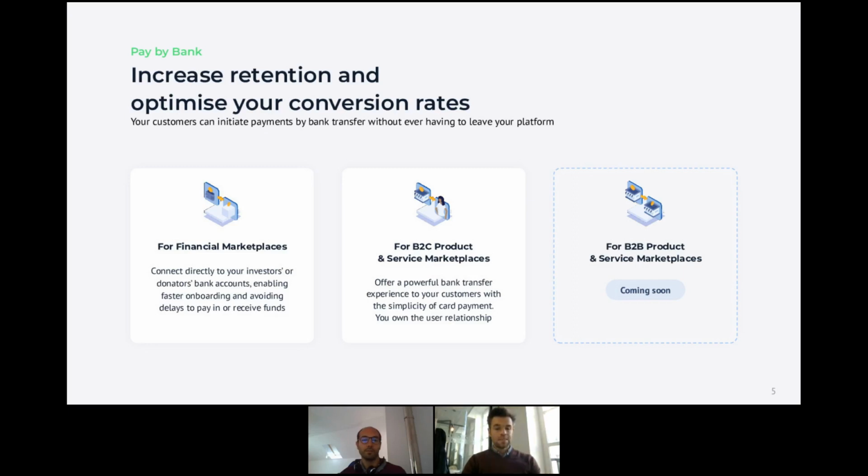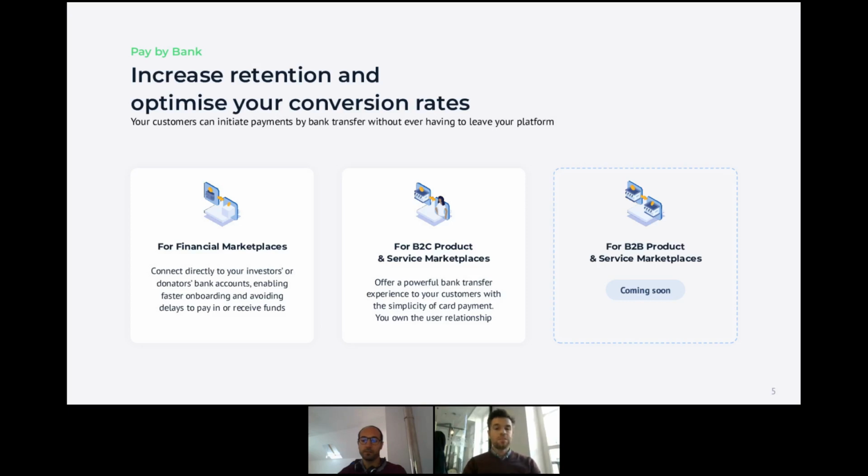To whom are these features bringing value? Obviously, this is bringing value for what we call financial marketplaces. Why? Because financial marketplaces have bank transfer as the majority of their payments.